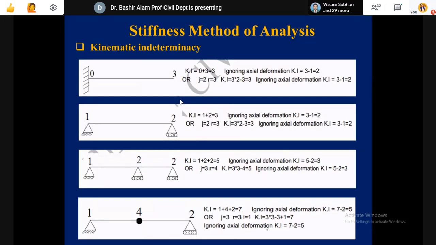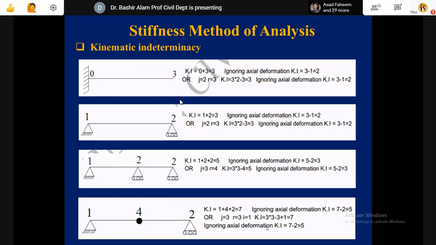Now, how do we find kinematic indeterminacy? The top one you see is a cantilever beam, the left support is fixed, the right one is free. It is a 2-dimensional problem. With the fixed support you see 0 for its degrees of freedom. Zero means it is not allowing horizontal or vertical translation and it is not allowing rotation.